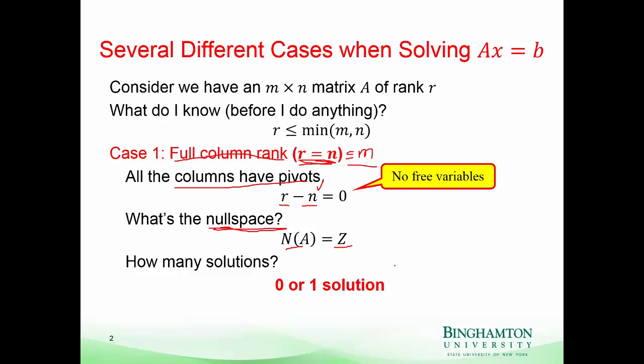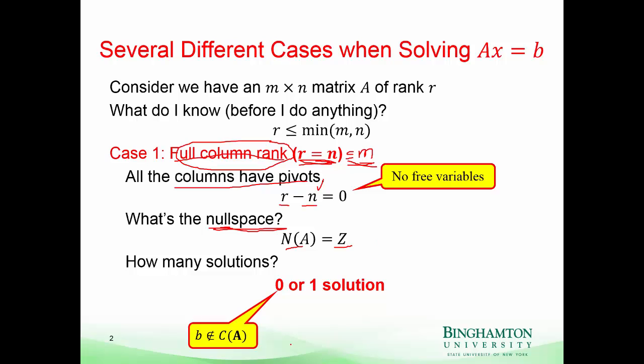So the only thing in the null space is the 0 vector. And so how many solutions would we have? Well, we could have one solution or no solutions. So what makes the difference? Well, we just said that we have linearly independent columns. We didn't say that they completely span Rm. So our column space here is going to, we've got n columns. Each column is an m dimensional vector, and m could be bigger than n.